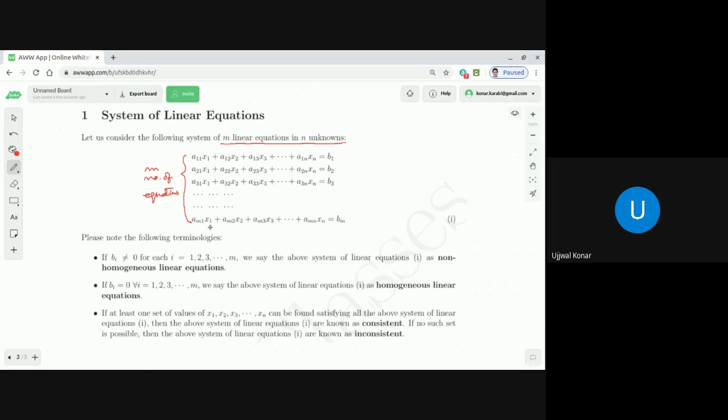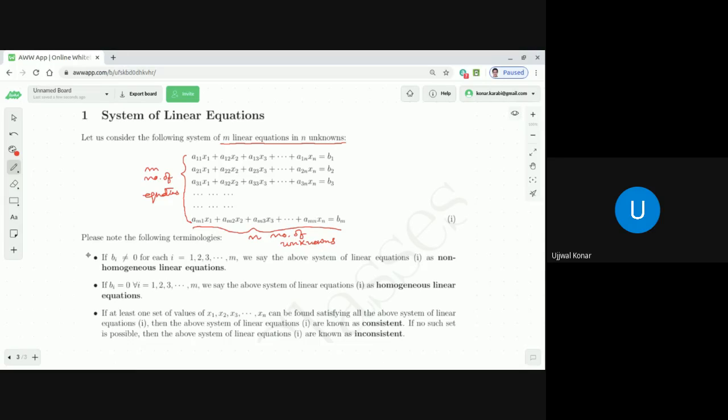And how many unknowns are there? x1, x2, x3 up to xn. So what we see, dear students, these are n number of unknowns, and this is the most generic way of representing a system of linear equations.